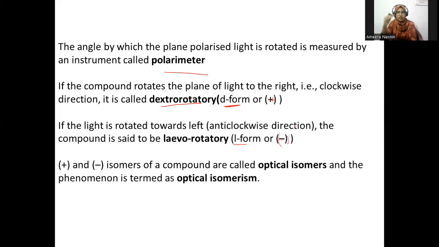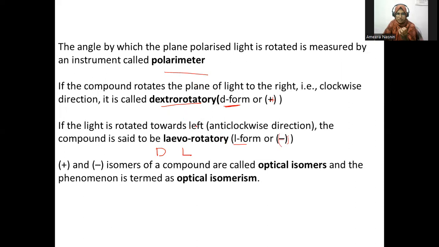This is completely an experimental result, and later, while you study more in stereochemistry, you will come across capital D and capital L. These two are about configuration. Here, this small letter d and l are about optical activity. This is an experimental result.